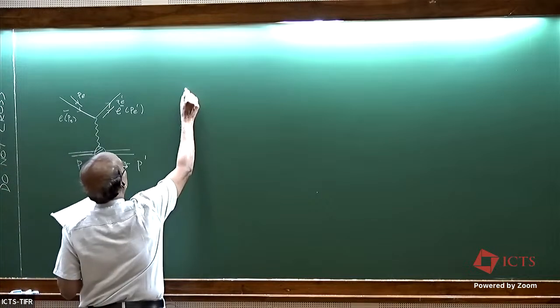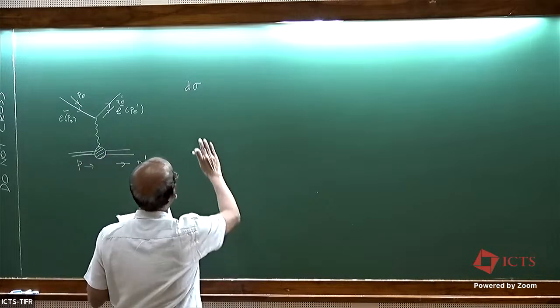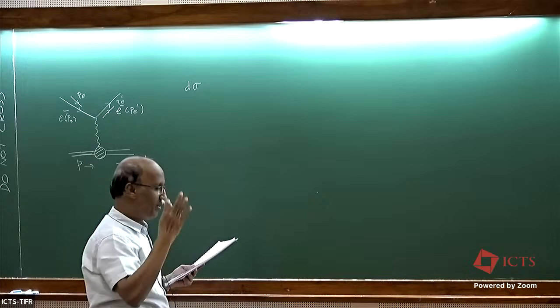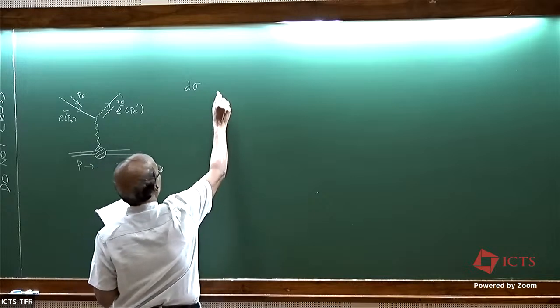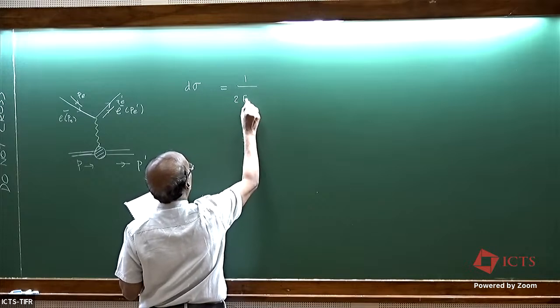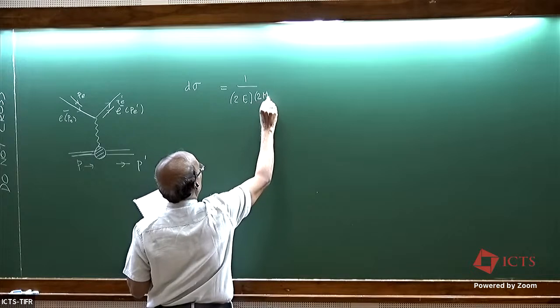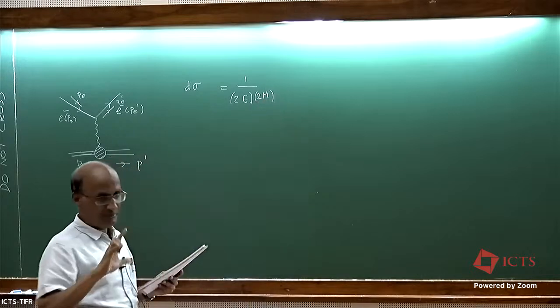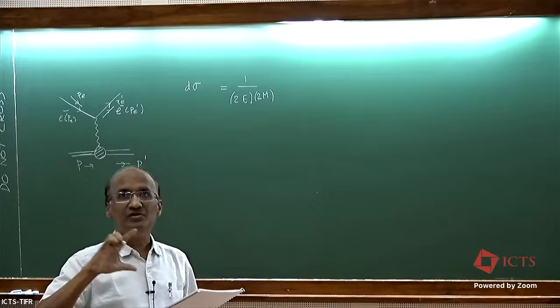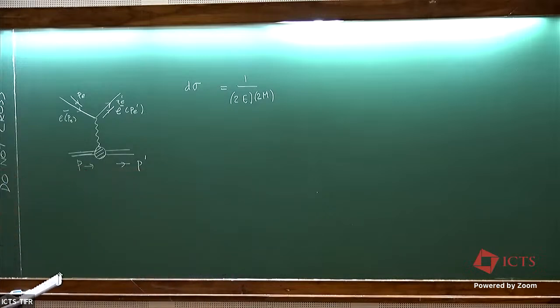So the differential cross section for this, you can write down. I'll not put the arguments here, but to be transparent, when you write down the expression, it's proportional to the flux of the incoming particles. For the electron it is 2E, for the proton it's 2m, because I'm considering the proton at rest, and the electron is coming with some finite velocity and hitting it.